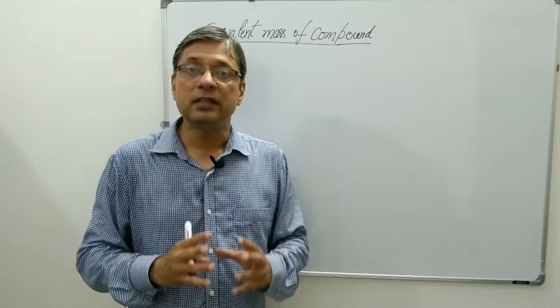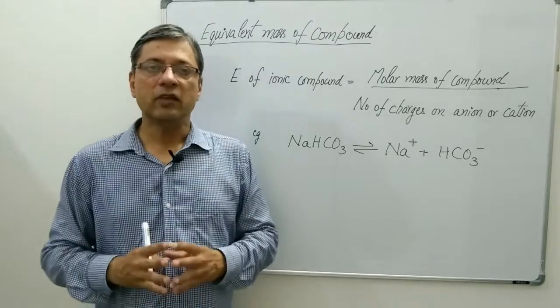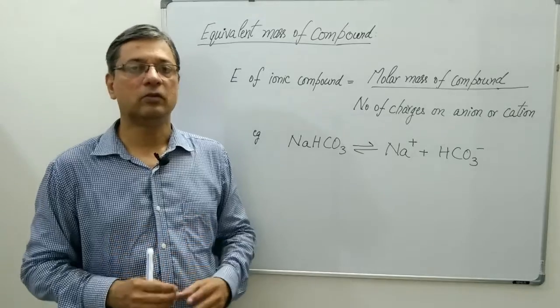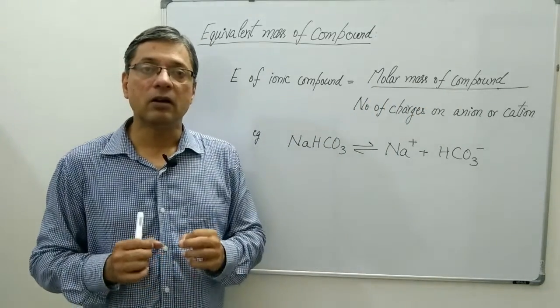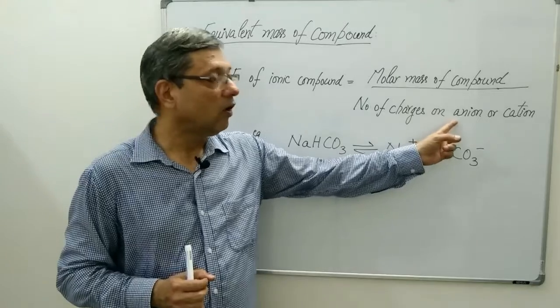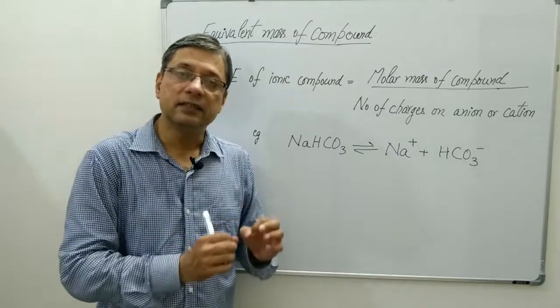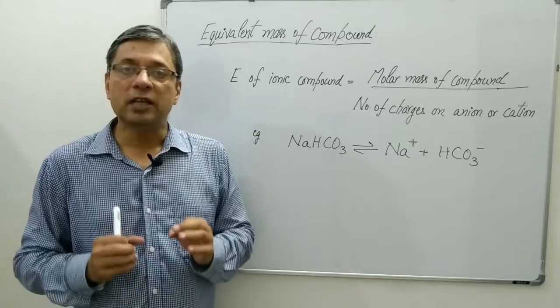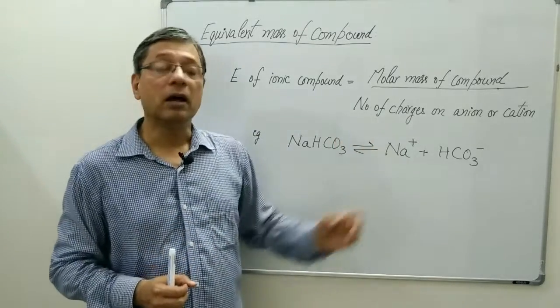An ionic compound is a compound which is made of ions. Equivalent mass of an ionic compound is equal to the molar mass of the compound upon the number of charges on the anion or cation present in the ionic compound. Therefore, the equivalence factor in this case will be equal to the number of charges.